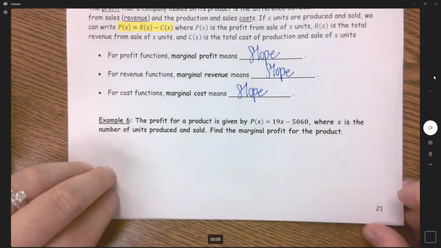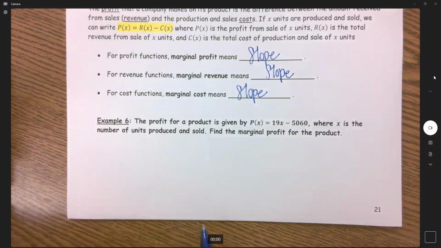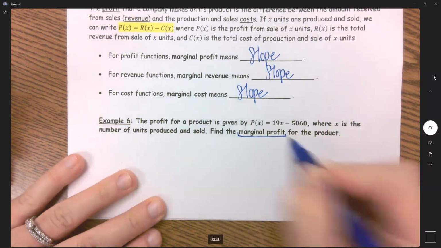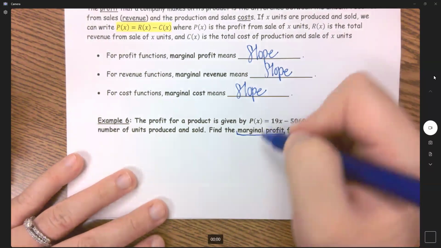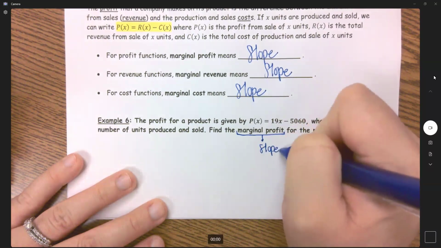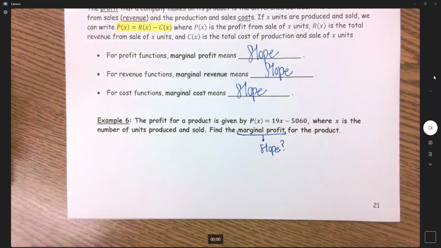So example 6: the profit for a product is given by P(x), where x is the number of units produced and sold. Find the marginal profit for this product. So if I want the marginal profit, we are asking for slope.